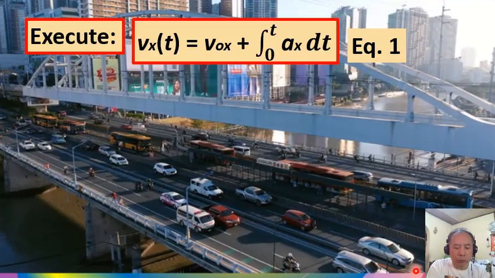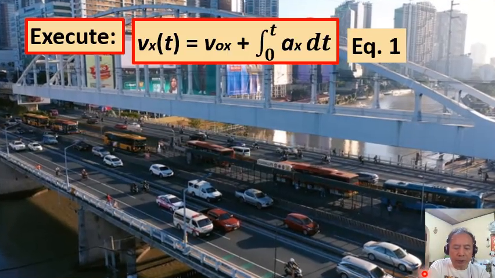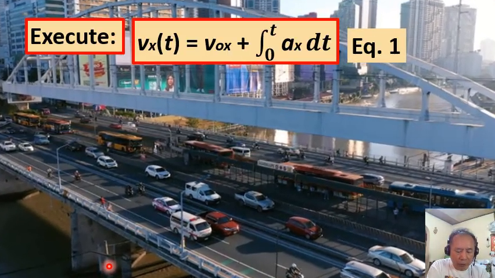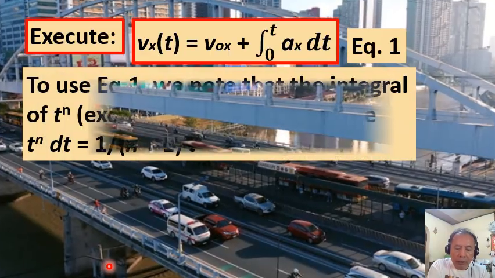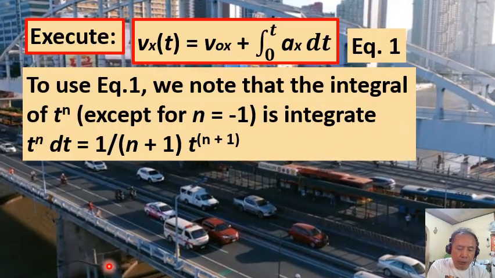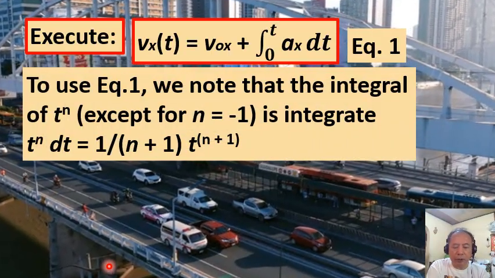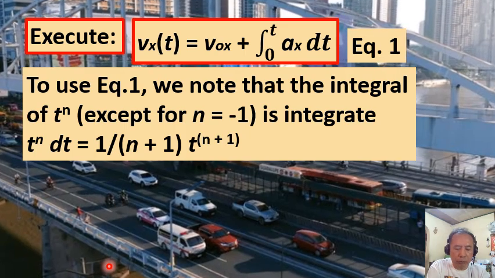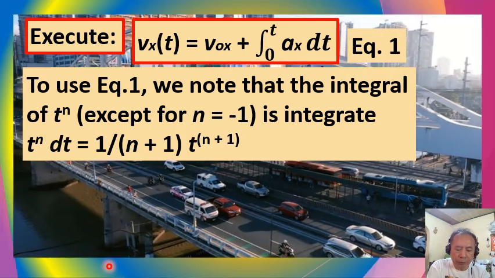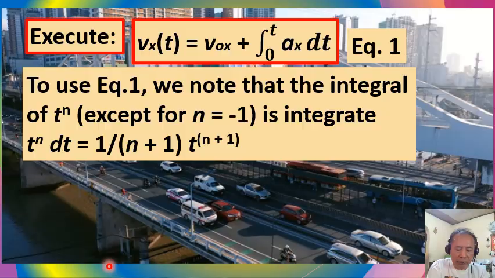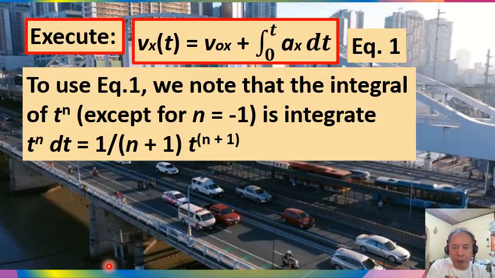We use equation 1. We consider that the integral of t raised to the power n, except for n equals negative 1, is equal to 1 over quantity n plus 1 times t raised to the power n plus 1.